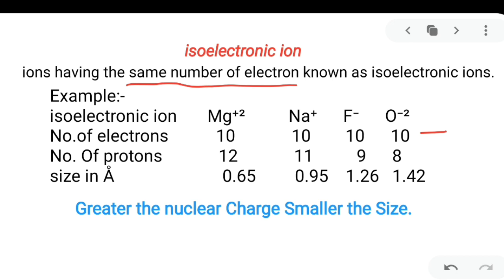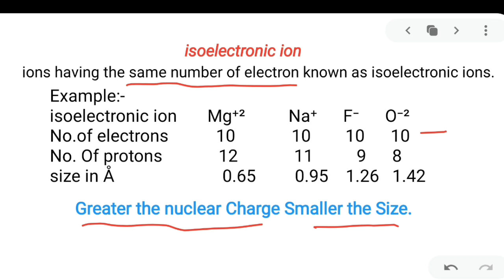So as we know that greater the nuclear charge, smaller the size, because nuclear charge is inversely proportional to the atomic radius or the atomic size. Here also, greater the nuclear charge, smaller the size of the ions.